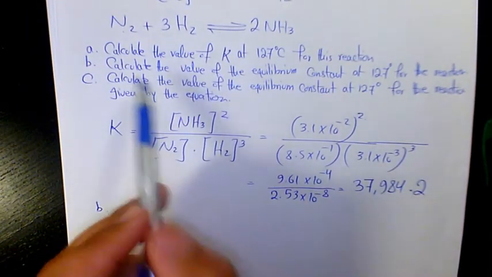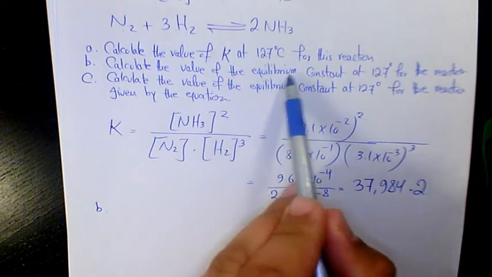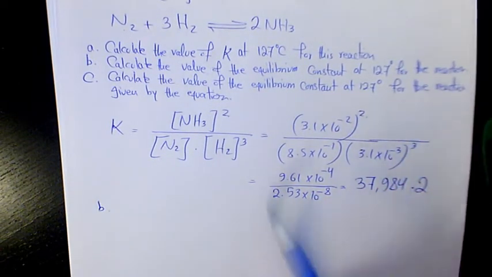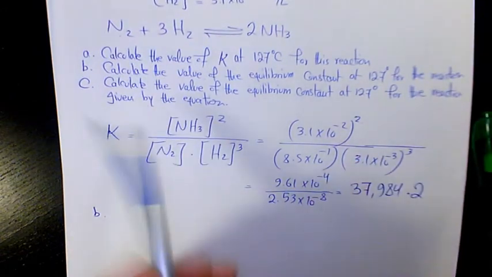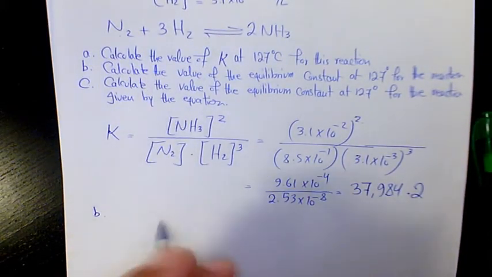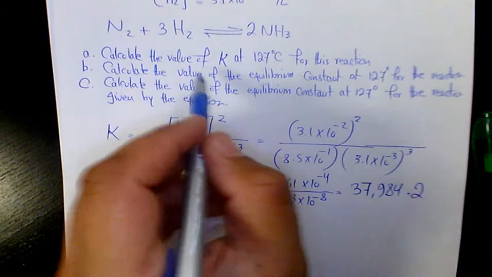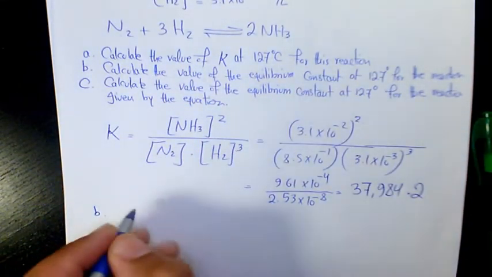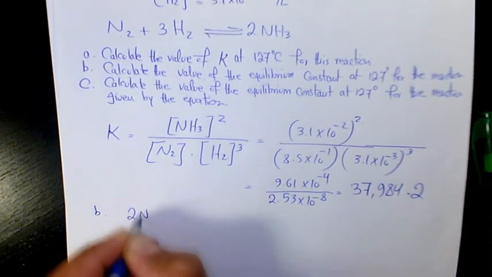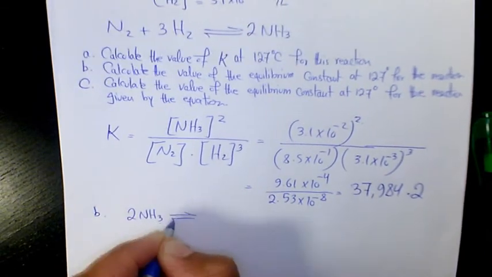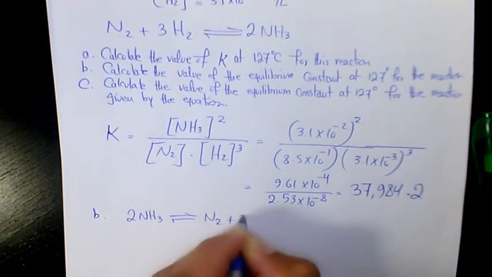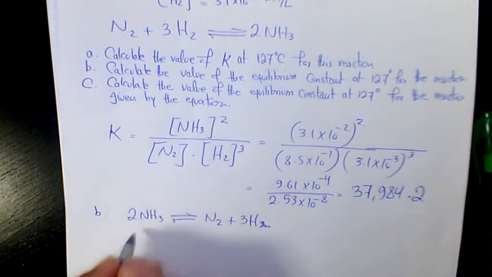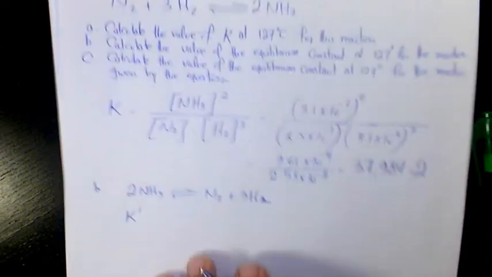Part B, it says calculate the value of equilibrium constant at 127 for this reaction. So basically what we need to do, it is not written, is for the reverse reaction, which is saying that 2NH3 gives N2 plus 3H2. So let's call it K prime.